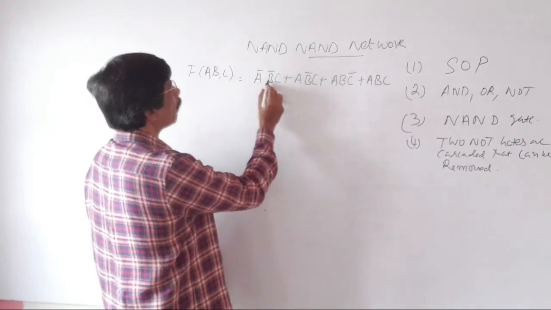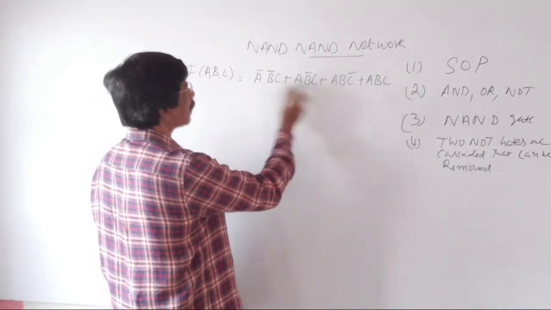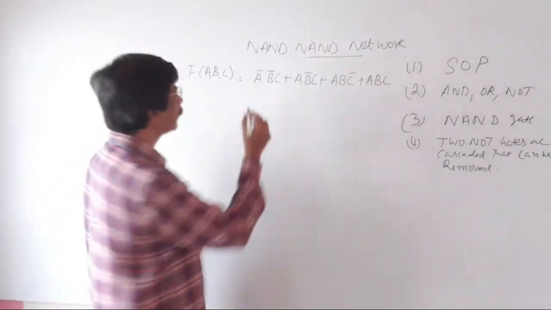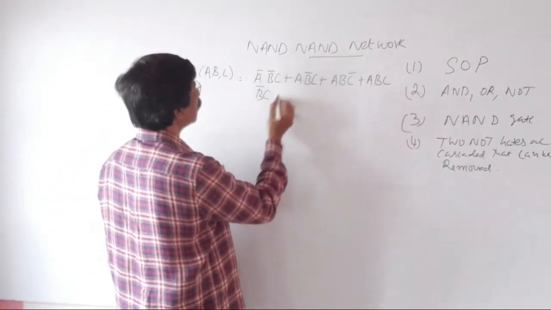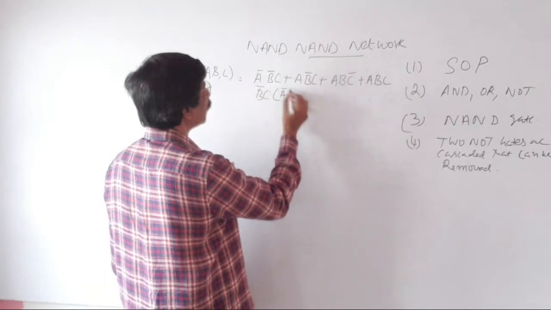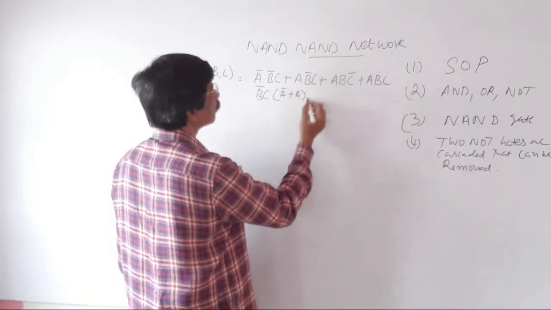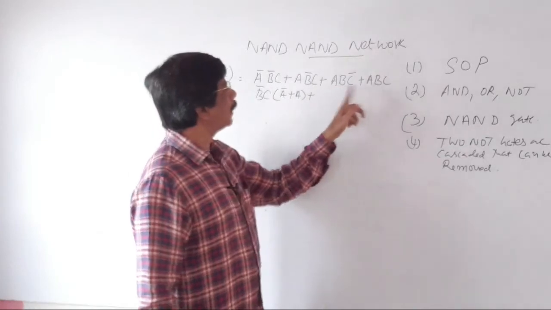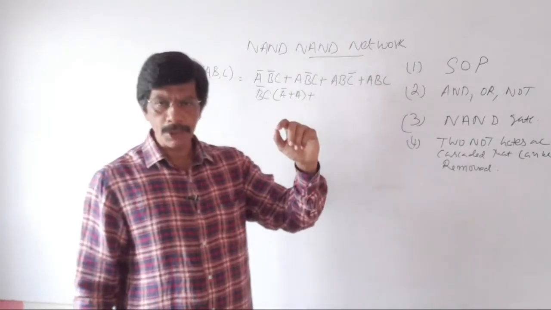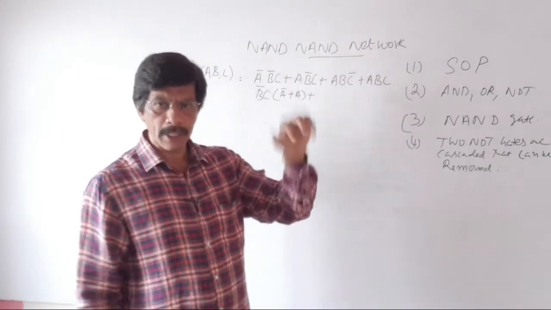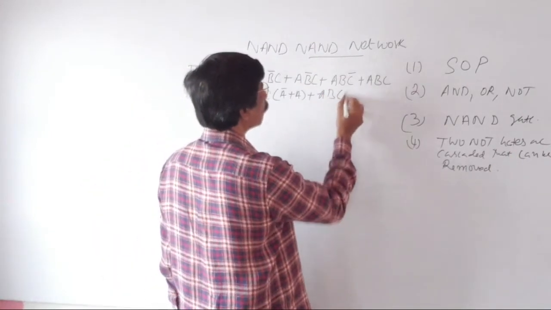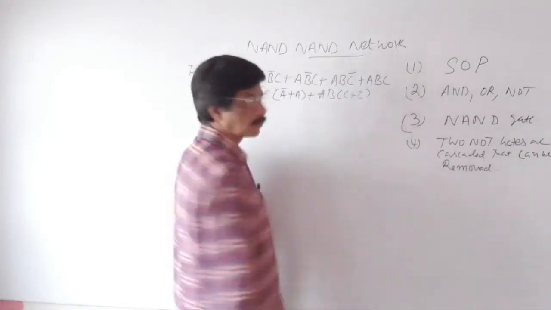Here b bar c is common in both terms. So you take b bar c outside, within bracket you have a bar plus a. Similarly, AB are common to both terms, so you take AB outside, within bracket you have c plus c bar.